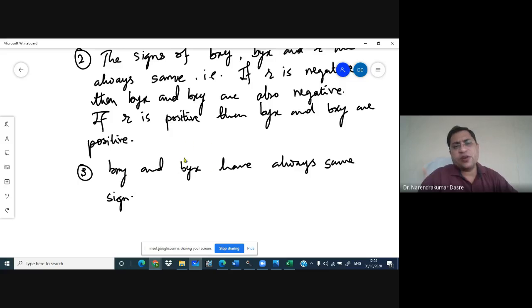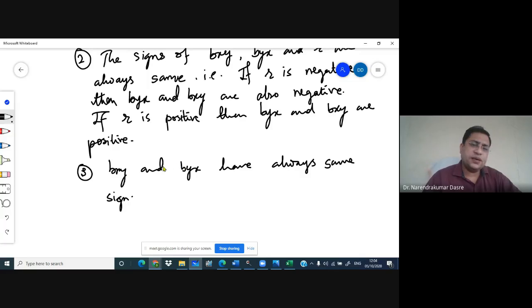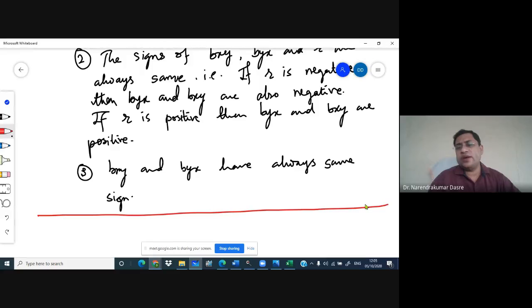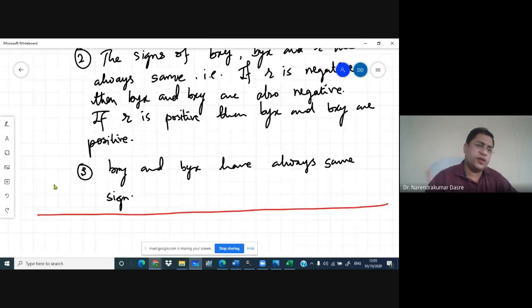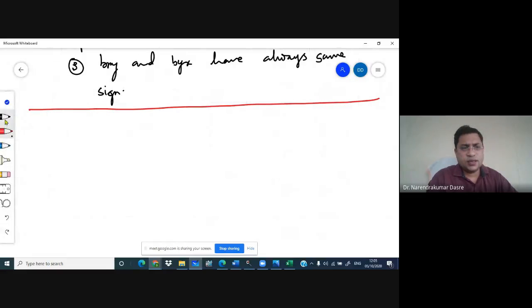So if one is negative, definitely the other is negative. If one is positive, definitely the other is also going to be positive. So these are the remarks which will help us in solving another set of problems. Okay, so we try another type of problem now.